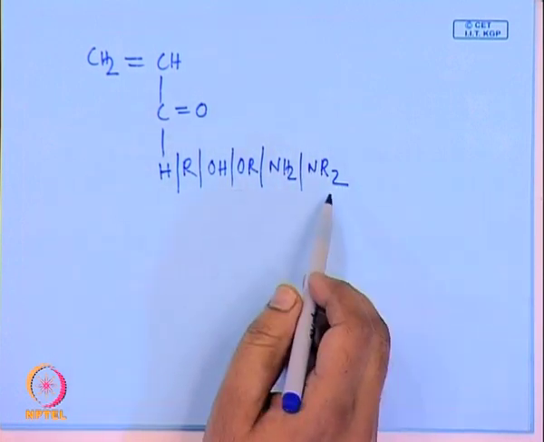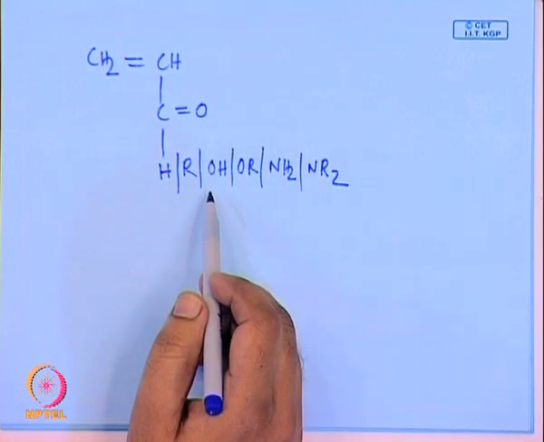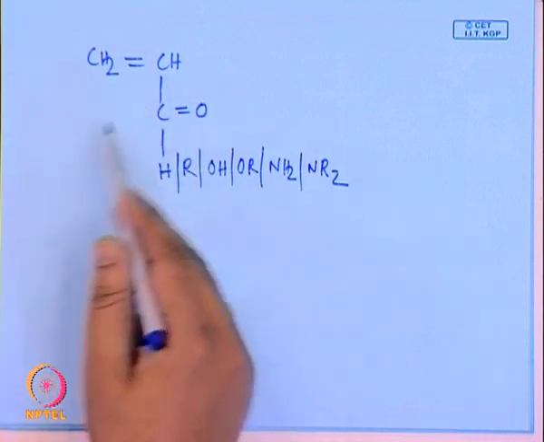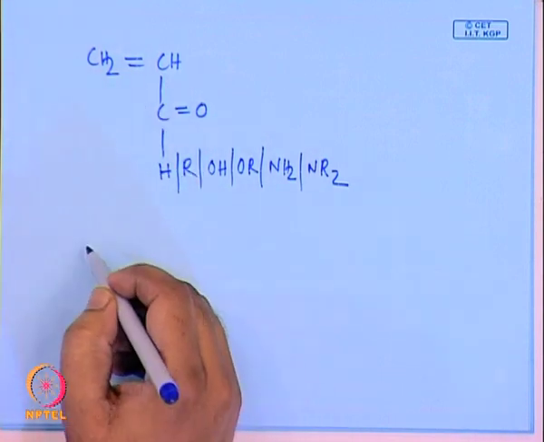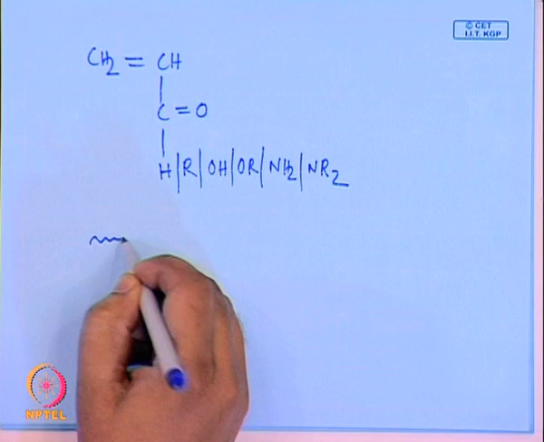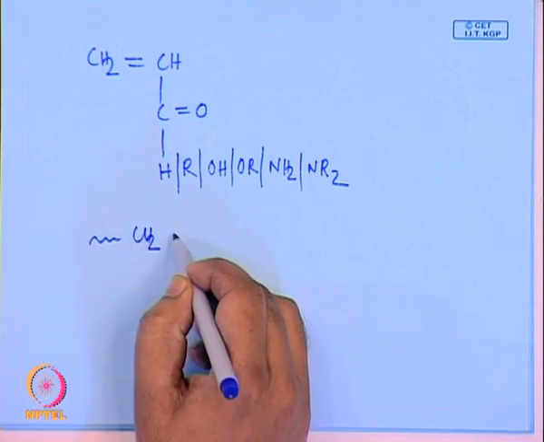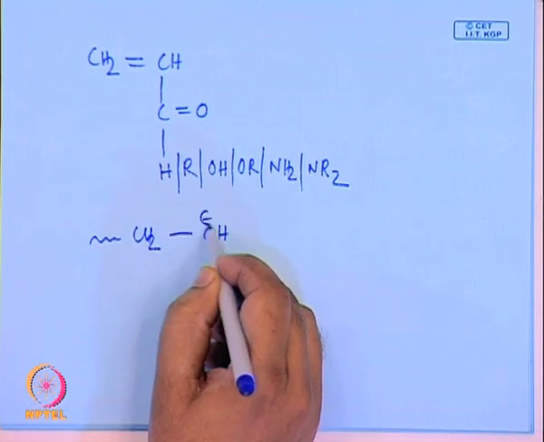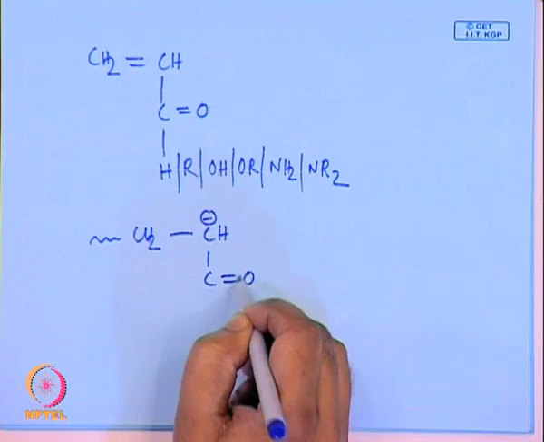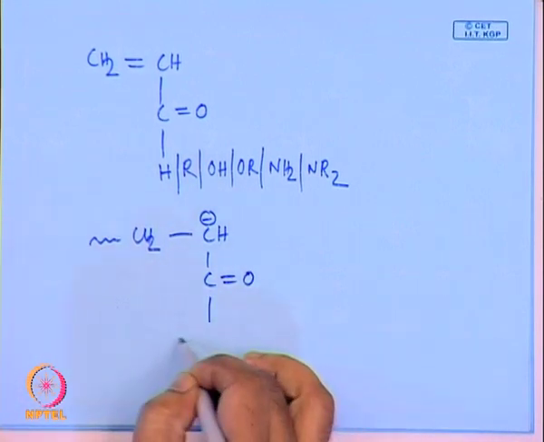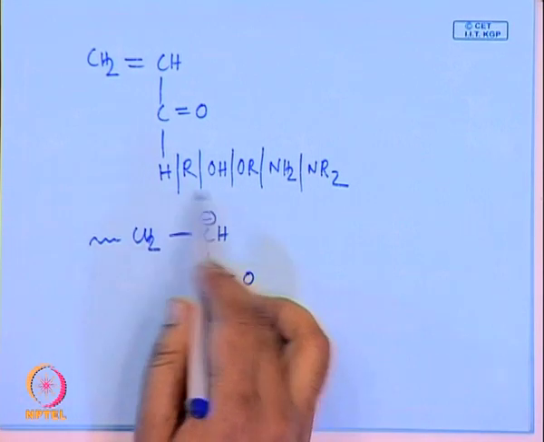So, it could be any of these groups. Now, when these monomers undergo anionic polymerization, it will form a species like this. It could be any of these species which we wrote here.